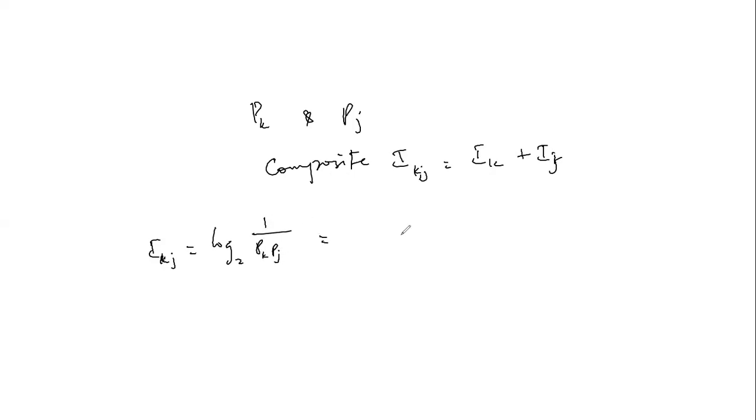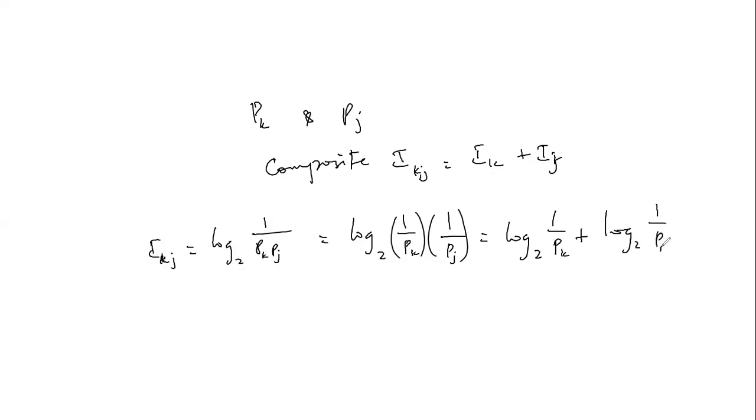And we know from the laws of logarithm that this is the same as log to base 2 of 1 over P sub k, plus log to base 2 of 1 over P sub j. And you can see this is I sub k plus I sub j, which is the composite information.